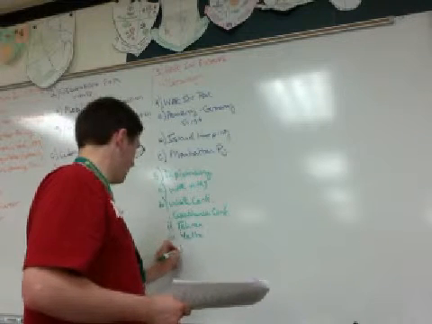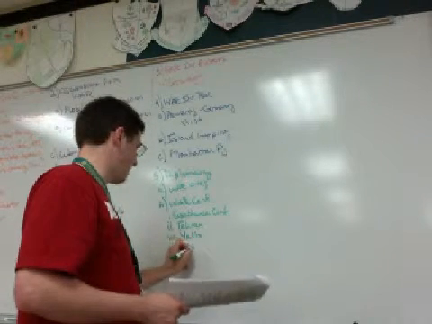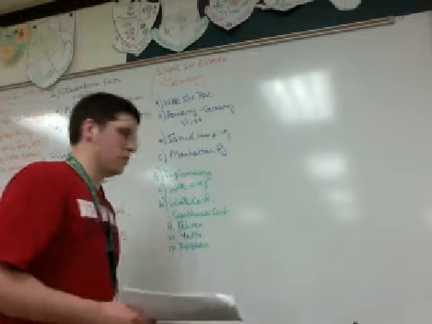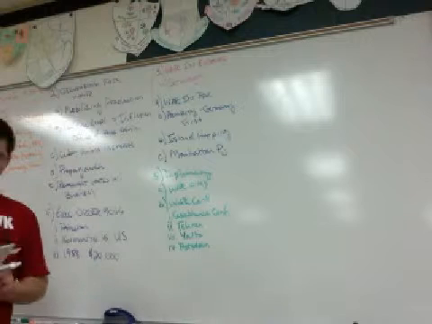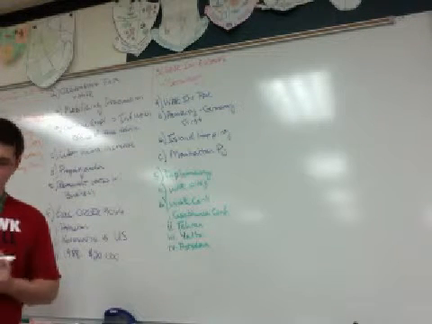Russia keeps Eastern Germany. And kind of an extension of this is the Potsdam Conference, in which how to govern Germany is taken care of, as well as how to attack Japan.